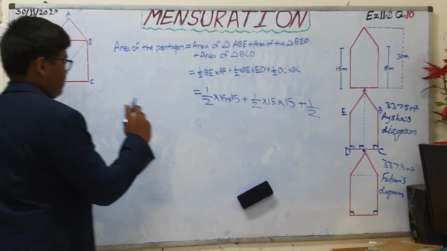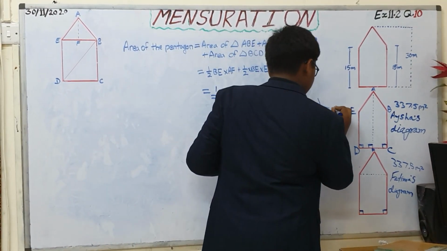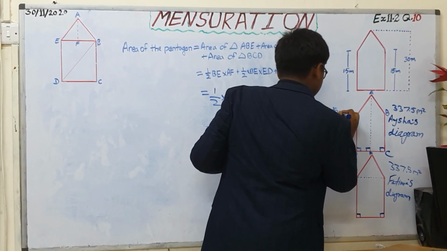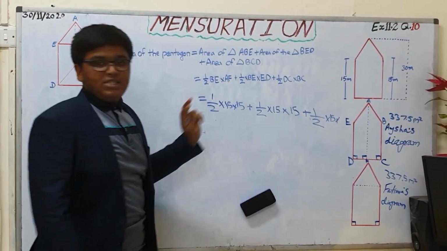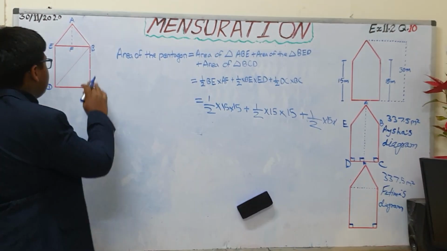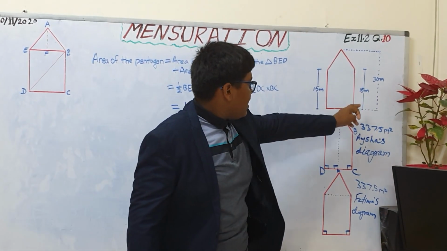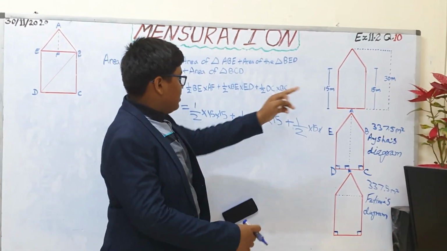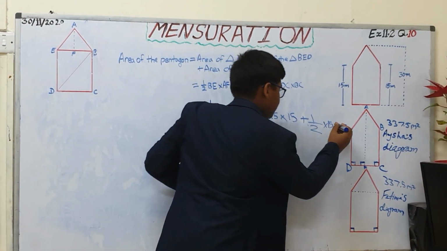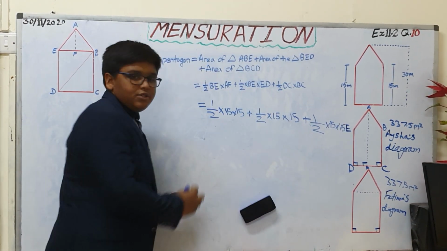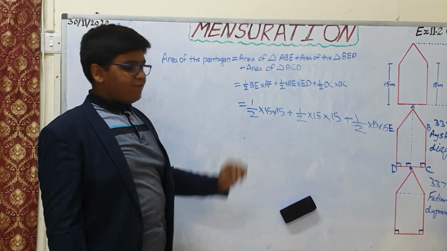Now this is 15 into 15. Then the side BC, which in this triangle we found is also 15 into 15. So we are going to multiply all the 15s.